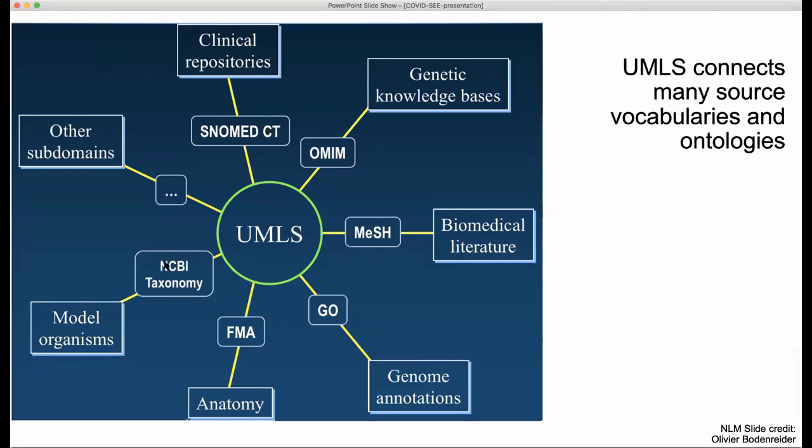So all of these resources are available through the UMLS and therefore available to be identified via the MetaMap tool.